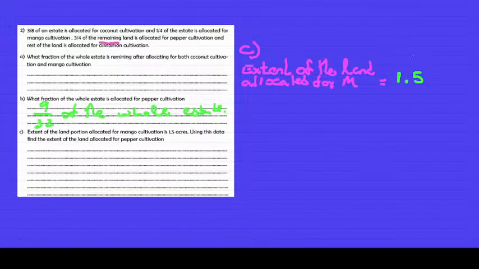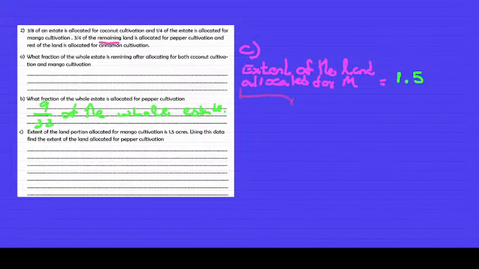For big estates, for big lands, we use the unit acres. But remember, acres is not a standard international unit. The standard international unit is square meters, but we use acres when it comes to massive, huge lands to express the area. Right. So the extent of the land allocated for mango is 1.5 acres.